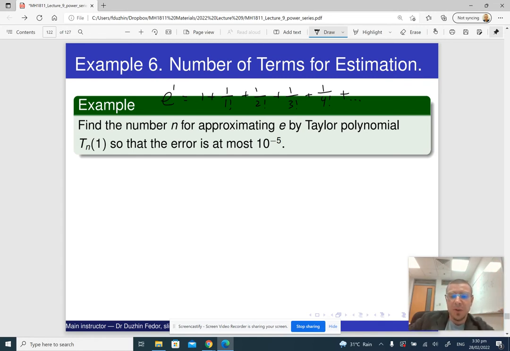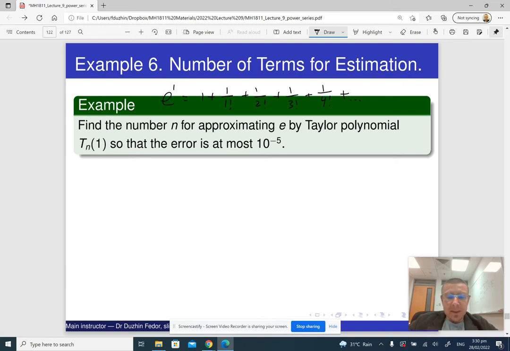So if we want to compute a certain number of decimal places of the number e, what should be the order of the Taylor polynomial if we want to chop off the whole power series and just take some finite part of the power series?